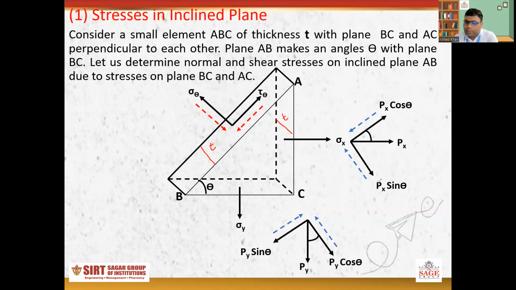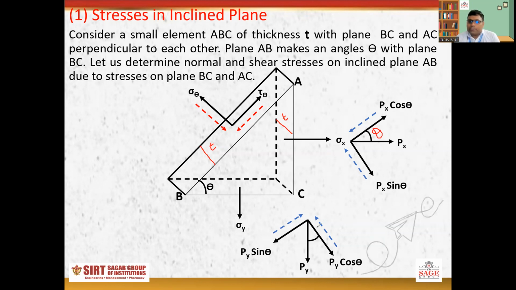This is also angle theta, because this is the horizontal one and this is parallel to this inclined one, making angle theta. So this becomes Px cos theta, and this component becomes Px sin theta.